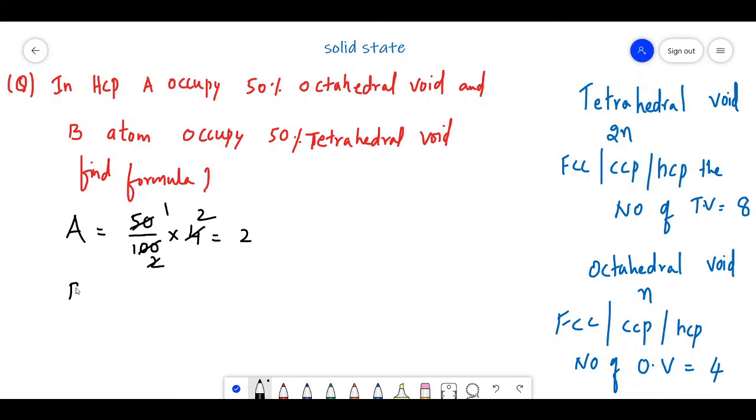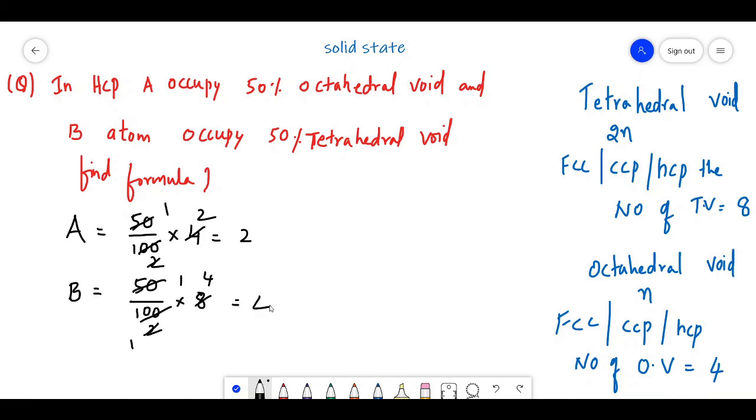And let us calculate B also. B is also having 50%, but they are in tetrahedral void. So 50 by 100 into 8, so 1 by 2, and we get this as 4.